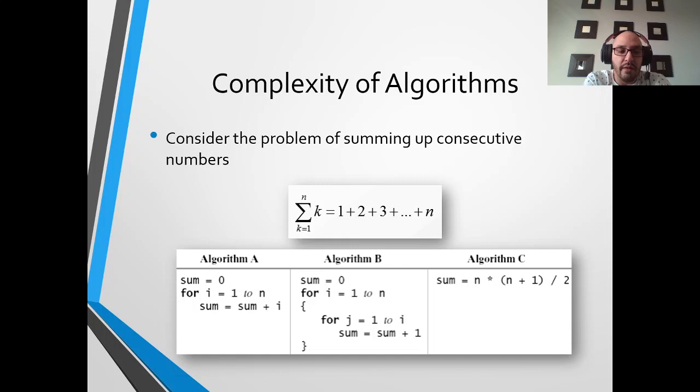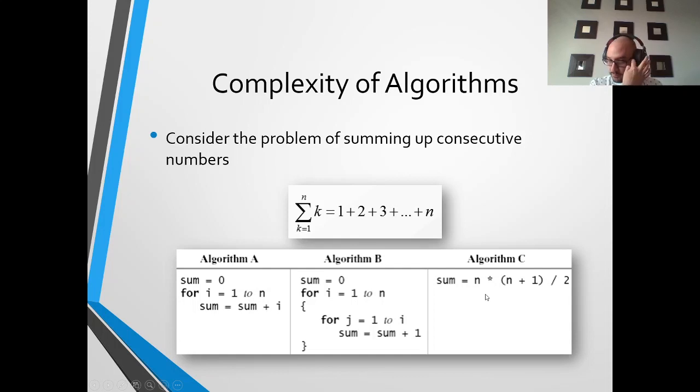One way of doing so would be, for example, algorithm A, which uses a for loop that goes from 1 to n and adds up the value of i in each iteration. The second algorithm that does exactly the same thing uses a double for loop, and the third algorithm is going to be using the formula for the addition of consecutive numbers.